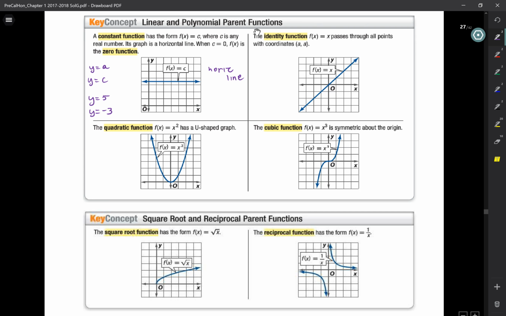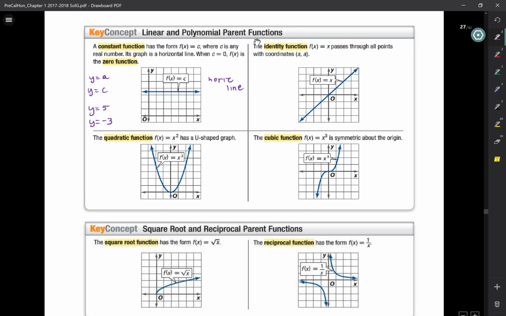Next is the identity function. By the way, it doesn't have to be y equals 5. The better way to write it is f of x equals 5. The identity function, we're used to seeing it as y equals x. It's f of x equals x. Why is it the identity function?